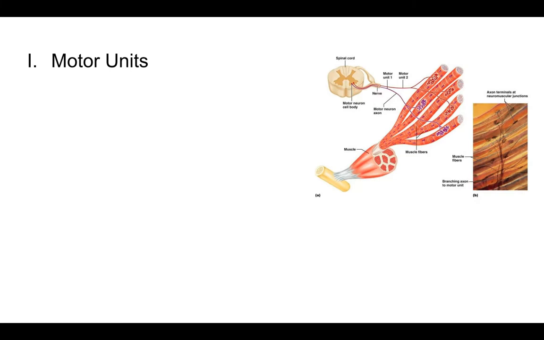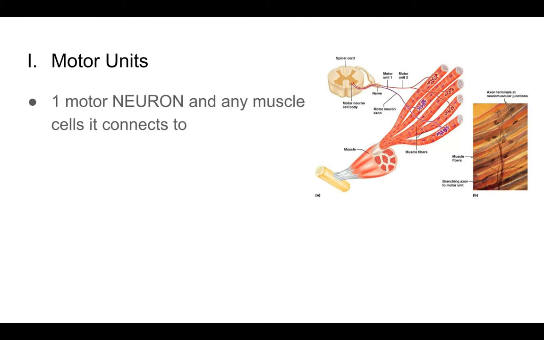You did an intro assignment on Google Classroom when you were in class this week, and it introduced you to the concept of motor units. So motor units are the combination of one motor neuron and then any muscle cell that neuron extends out and connects to.